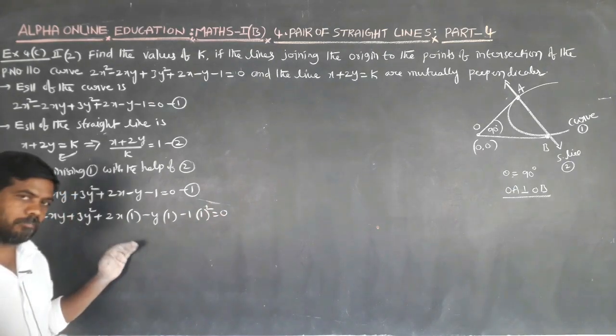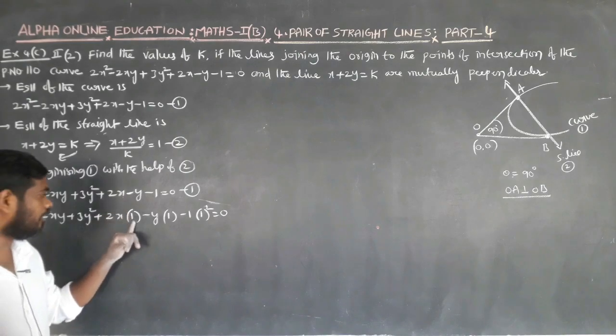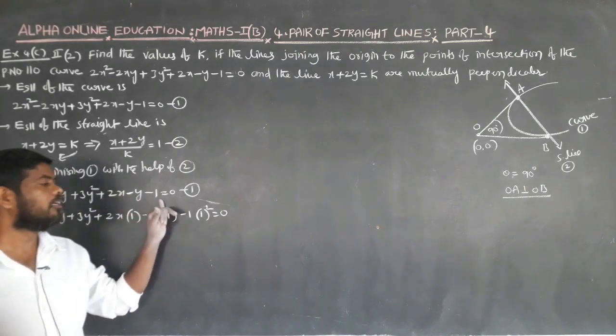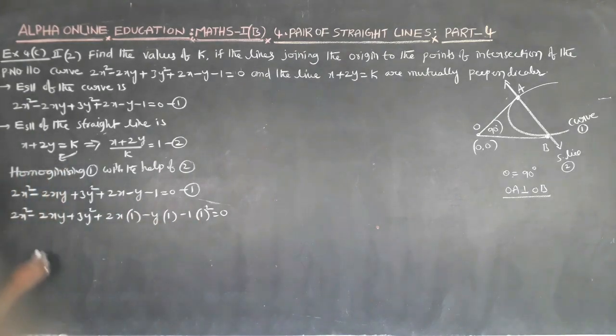Always write this, this is the process: x term into 1, y term into 1, constant into 1 squared.